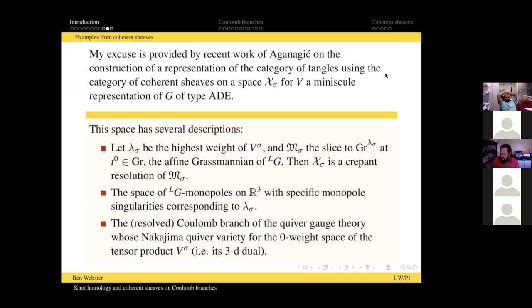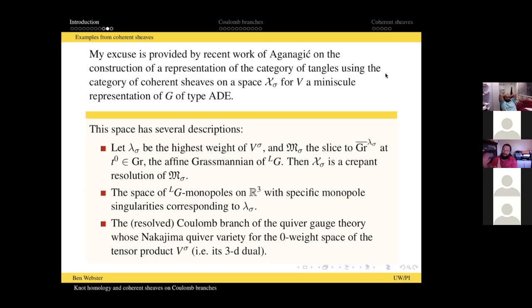You can also write it as a space of G-monopoles on R^3 with specific singularities, which come from this sign sequence. I could say a bunch of stuff about Bogomolny equations and this kind of stuff. But for me, the important realization of it is it's a resolved Coulomb branch for a quiver gauge theory.